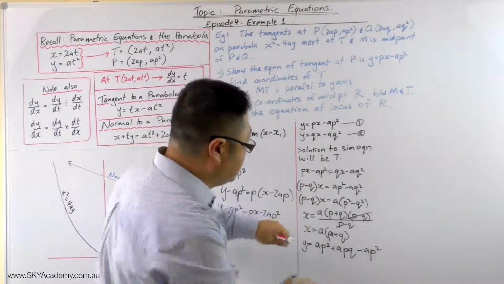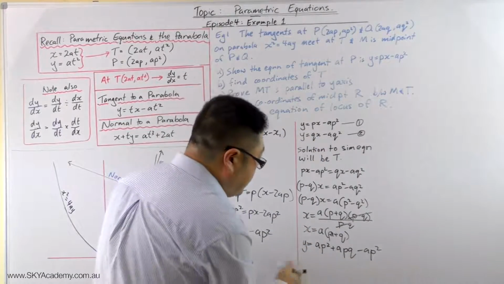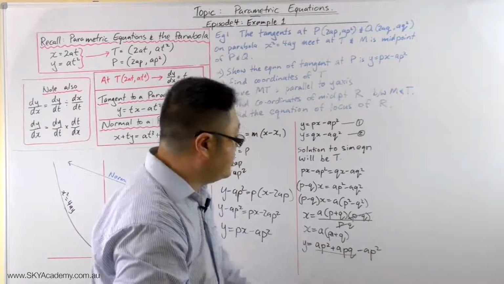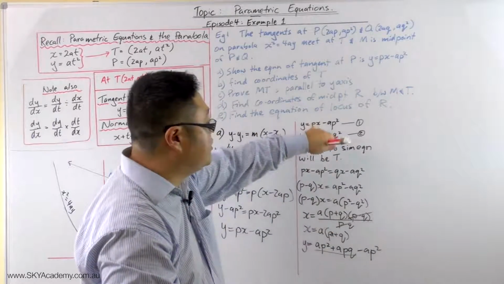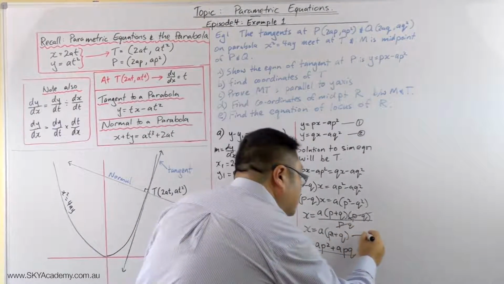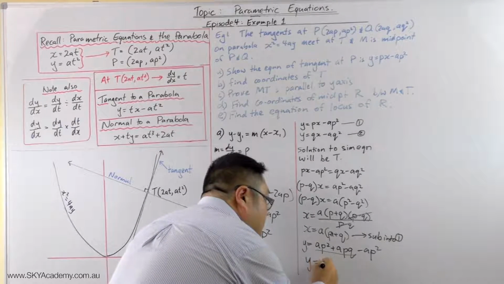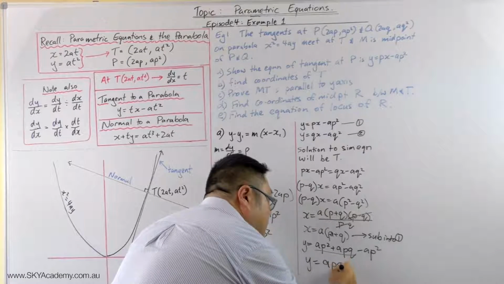Basically I've taken this, expanded it out, multiplied by the p, and that gives us this bit here, and then minus ap squared, which is that. So I've substituted x back into equation 1. All right, sub into 1, and that's what I've got. Okay, so y is basically going to be equal to apq.